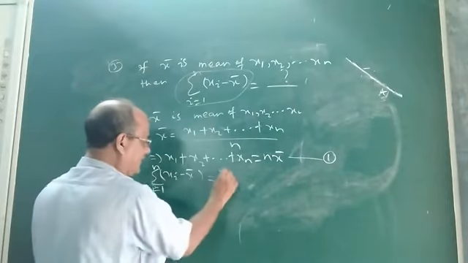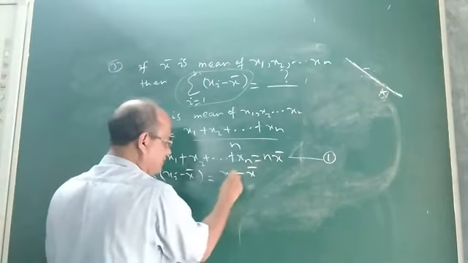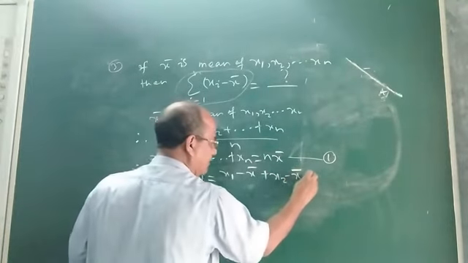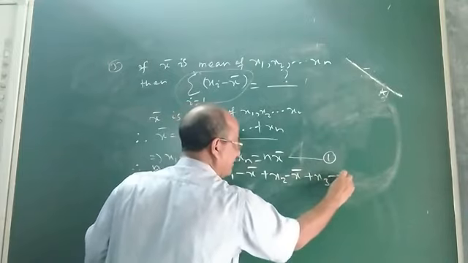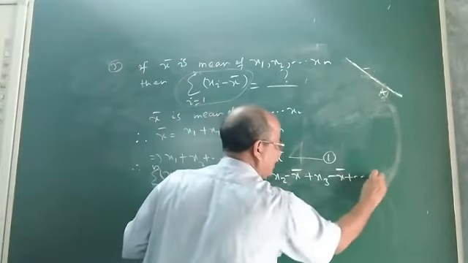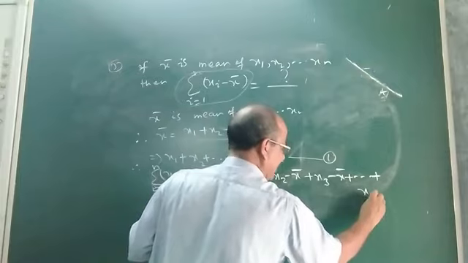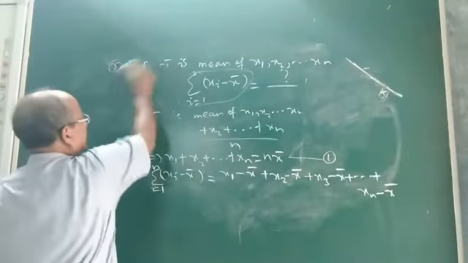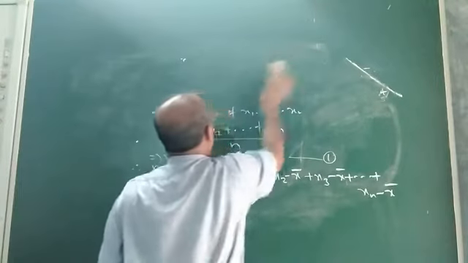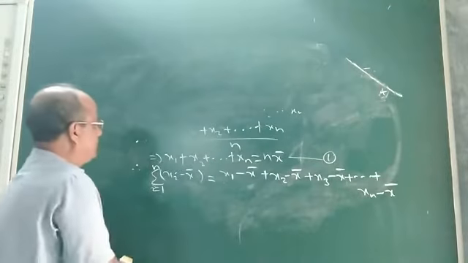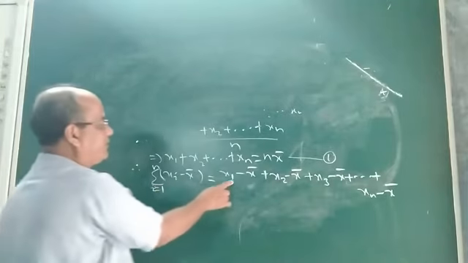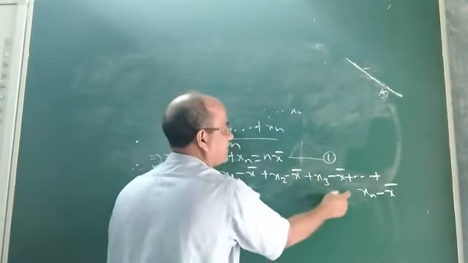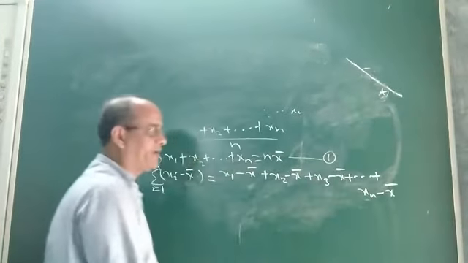If we put 1, it will be x1 minus x bar plus x2 minus x bar plus x3 minus x bar plus and so on up to xn minus x bar. That means summation of xi minus x bar is equal to x1 minus x bar plus x2 minus x bar plus x3 minus x bar plus up to xn minus x bar.